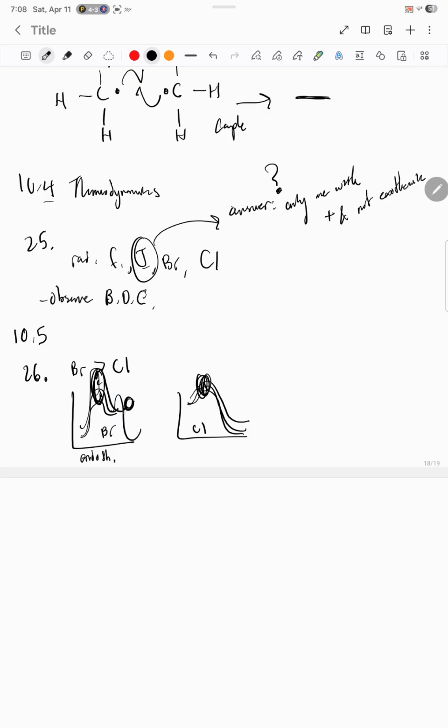Right, actually it should look something like this. There's an intermediate. The intermediate is closer to the transition state, whereas for chlorination, not so much. Still a little bit confused on this one.